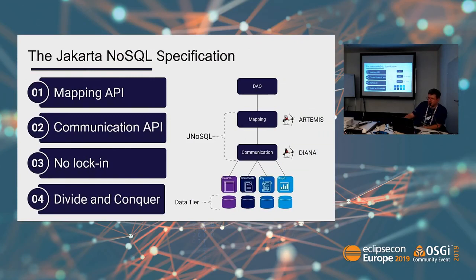So that's why Jakarta NoSQL aims at a new approach, which may find certain common parts with JPA in the future, but as such, it does not intend to use JPA completely.